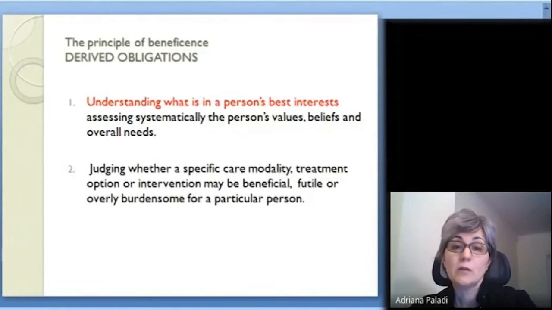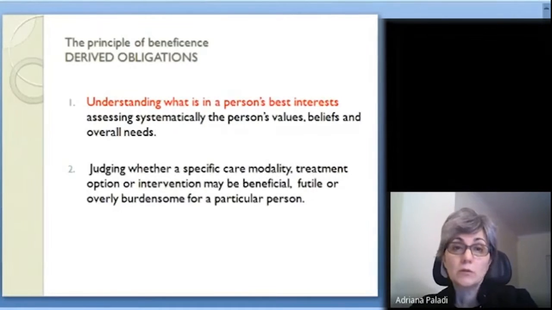I mean the psychological, spiritual, physical, and social being, because only by knowing these needs will the physician be able to fulfill them. And the second obligation is judging whether a specific care modality, treatment, option, or intervention may be beneficial, required, or overly burdensome for a particular person.